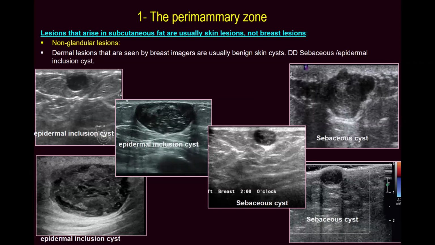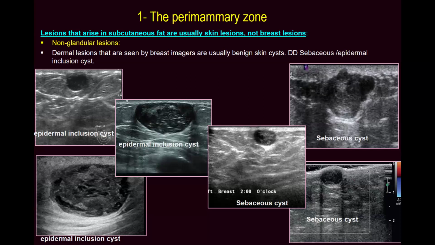Considering the differential diagnosis, most of the lesions within the pre-mammary zone are non-glandular lesions, mostly dermal lesions. Most of the dermal lesions are dermal cysts, either epidermal inclusion cyst or sebaceous cyst.